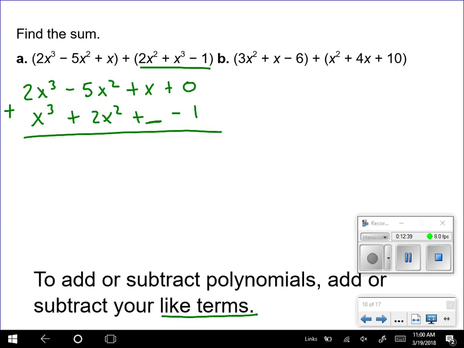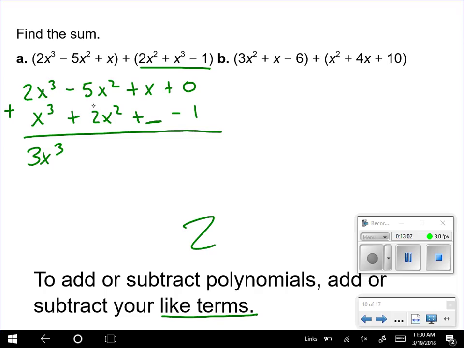So I can combine those, and that's 3x to the 3rd. All I did was add the coefficients. Now I have a -5x to the 2nd plus 2x.